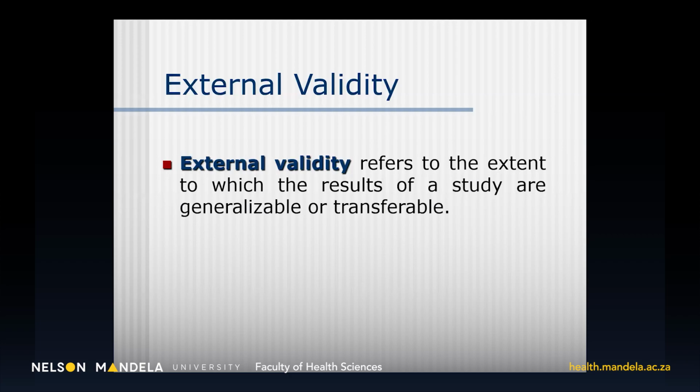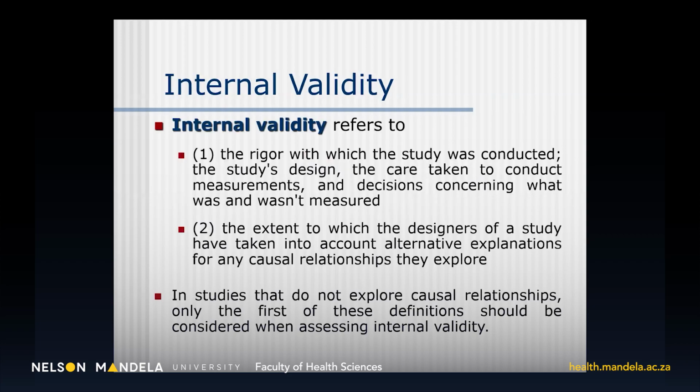The results of your study are generalizable and transferable. That would be external validity. While internal validity refers to the rigor with which the study was conducted, the study's design, care taken to conduct the measurements, the decisions concerning what was and wasn't measured.